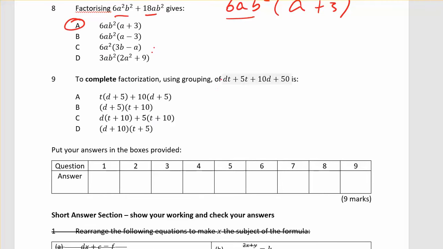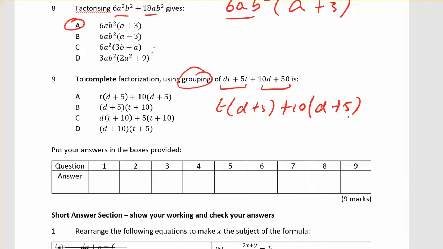For 9, it says using grouping by factorizing. So I'm going to group these and factorize them separately. So dt and 5t both have t in common. You're left with d plus 5. 10d and 50 have a 10 in common because they both go into 10. You're left with a d and plus 5, okay, because 5 times 10 is 50. Now d plus 5 is common to both of them, so take it out.